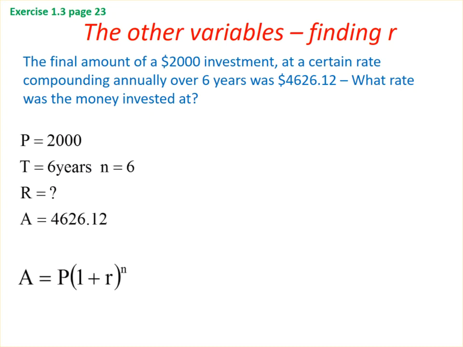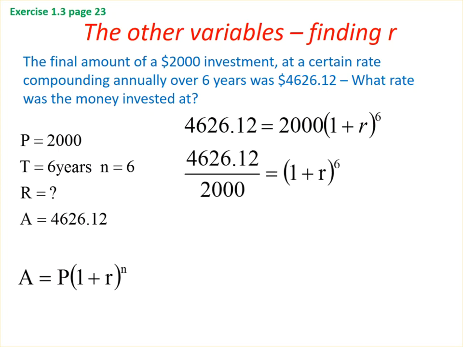Okay, so we know all of those things. So what are we going to do after we've written down everything we know, we've identified, then we substitute. So substitute everything in. Yep. And we want to get what by itself? The little r, okay?